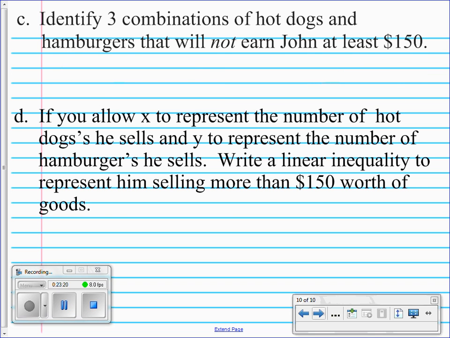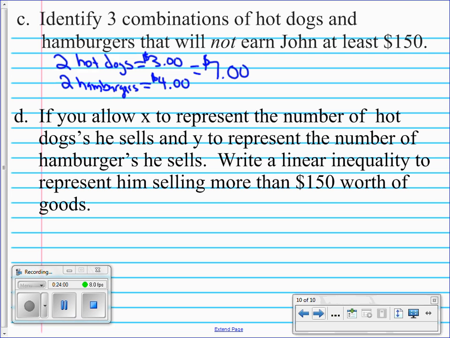And your third option combination would be, let's say he sold 2 hot dogs, 2 hamburgers. 2 hot dogs is going to be $1.50 times 2, which is $3. 2 hamburgers is going to be $2 times 2, which is $4. $3 plus $4 is $7, which is not at least $150.